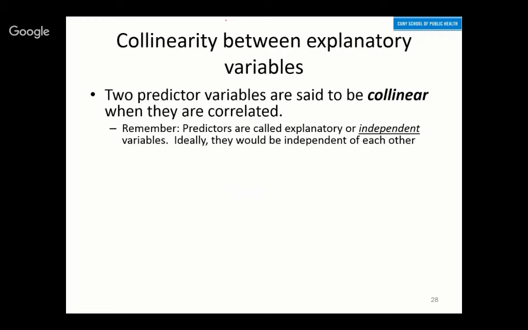So, simple enough definition. We call two predictor variables collinear if they're correlated. The only reason there's another word besides correlated is because it's in this context that they're both predictors in a multivariate model. So when you have correlated variables that are both predictors in a multivariate model, then we call them collinear.